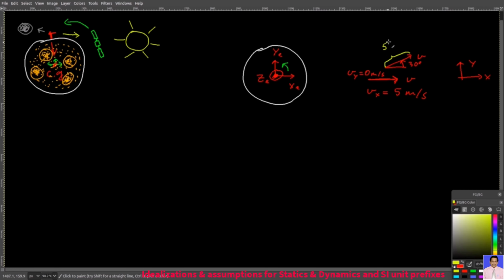The magnitude is still 5 meters per second, just like it was here, but now your Vx is 5 times cosine 30 degrees meters per second, and Vy is 5 times sine 30 degrees meters per second. So the velocity vector components have changed. And that's why there is acceleration even when a body rotates.